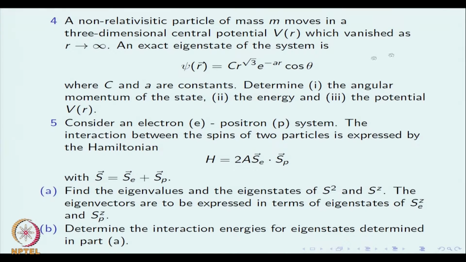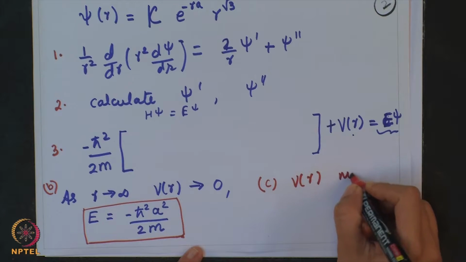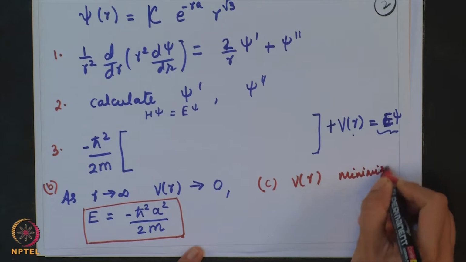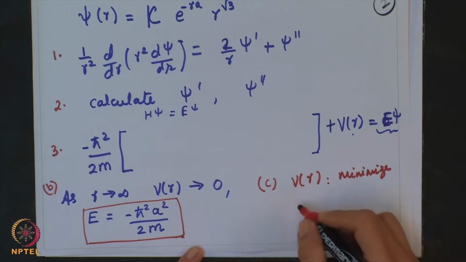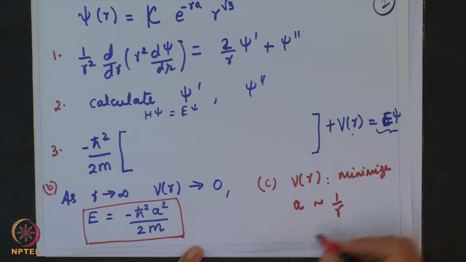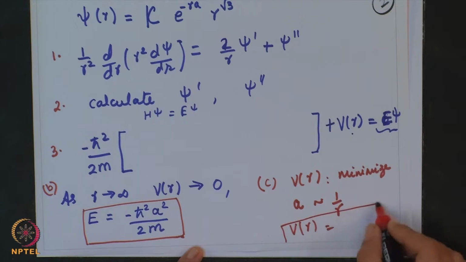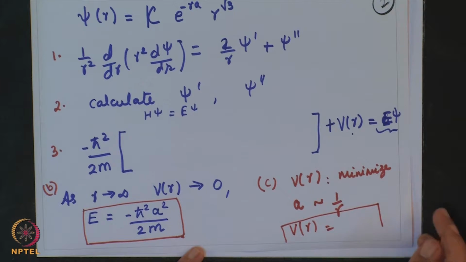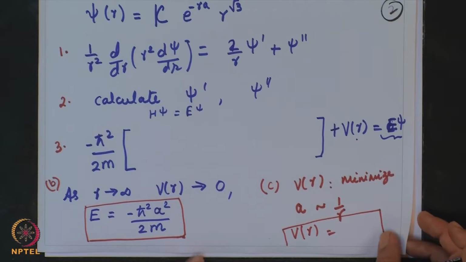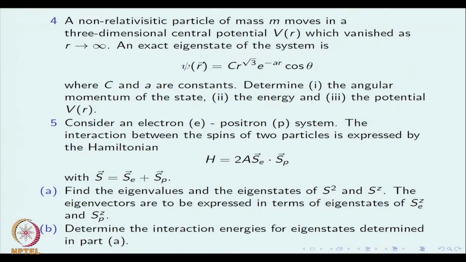So, this would be a very simple way of evaluating. So, for part C, you minimize V of r, get the value of A in terms of r, and then you get V of r. These would be the broader picture of how to go about solving the problems.